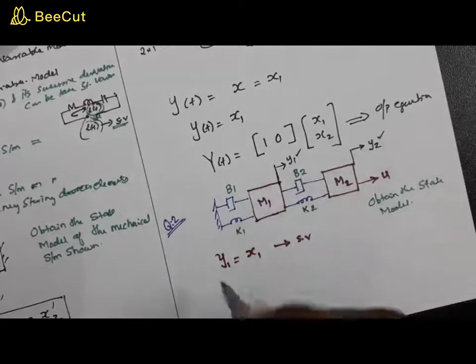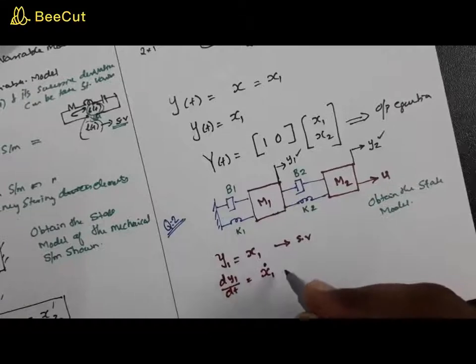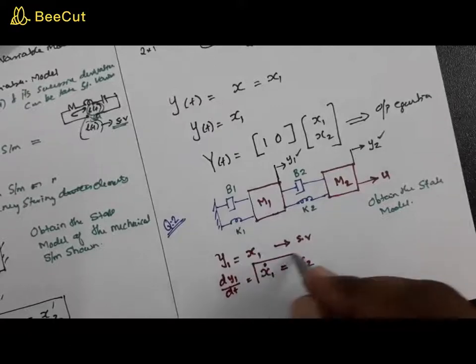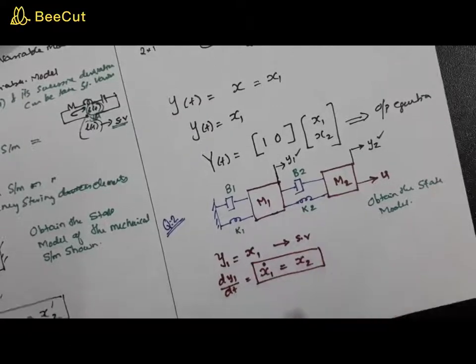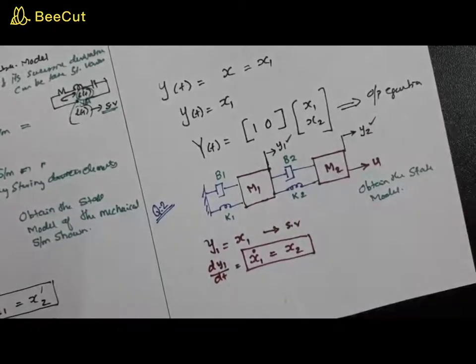You can have the derivative, that is dy1 by dt, or that is your x1 dot, and that can be assigned to be your x2. So that's the first thing. So we have assigned x1 dot is equal to x2, right?